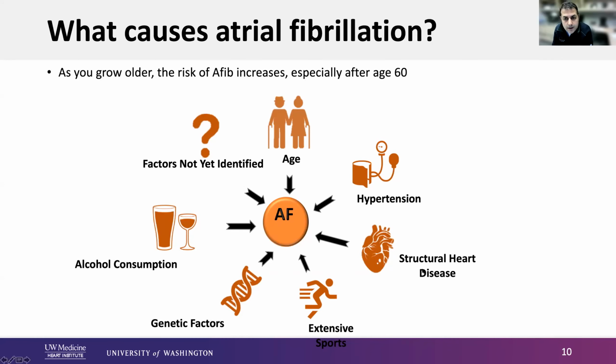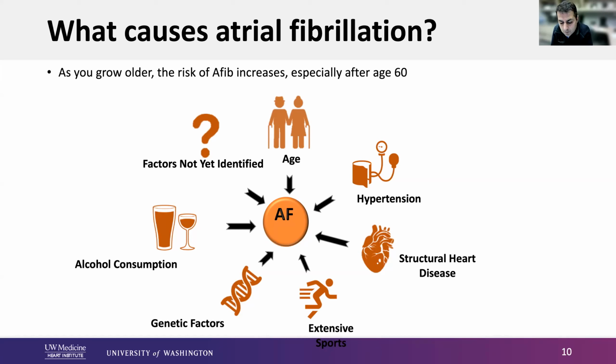Now, what causes atrial fibrillation? I mentioned to you earlier that there is a strong association between atrial fibrillation and age. So as we grow older, the prevalence of atrial fibrillation increases. So it is something that is more prevalent as we get older. It's associated with age, and you can think of it as yet another wear and tear thing that affects the body with advancing age.